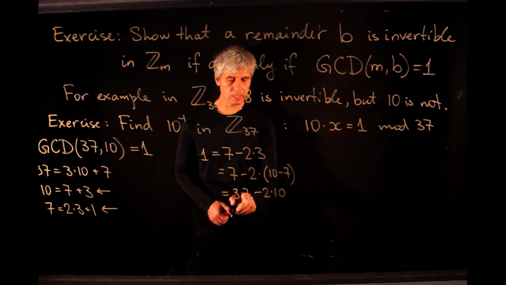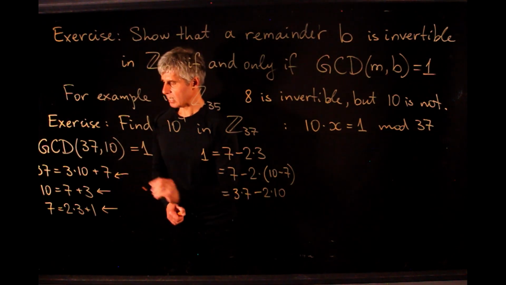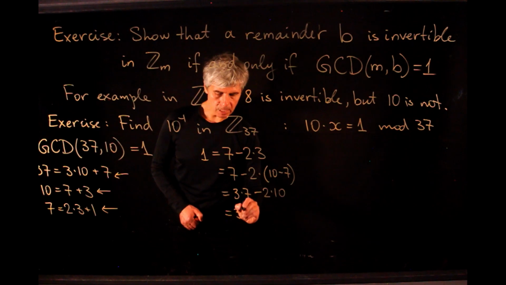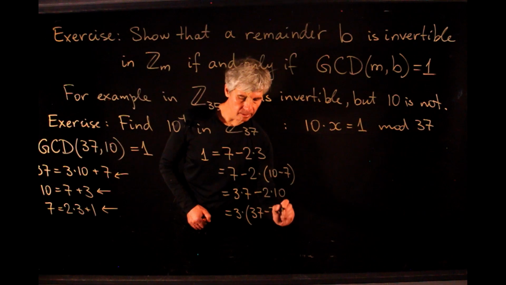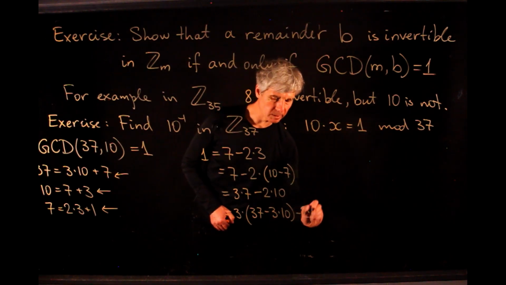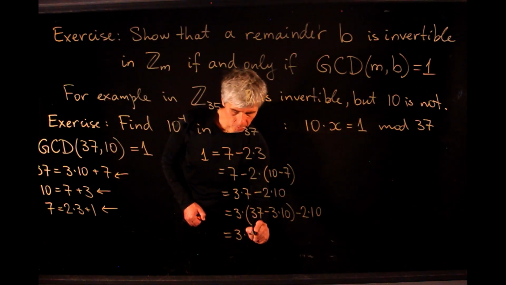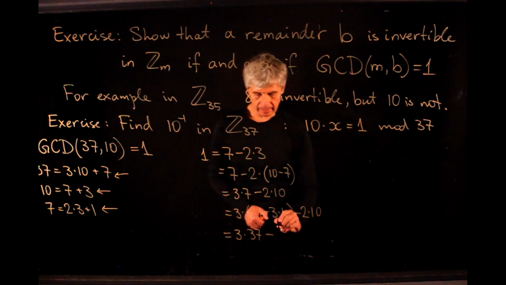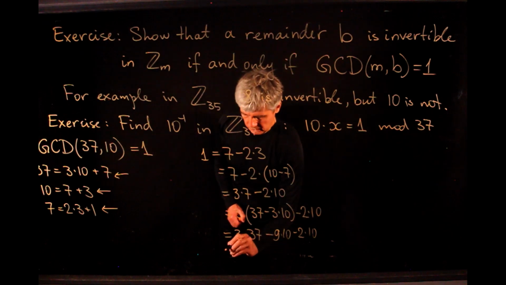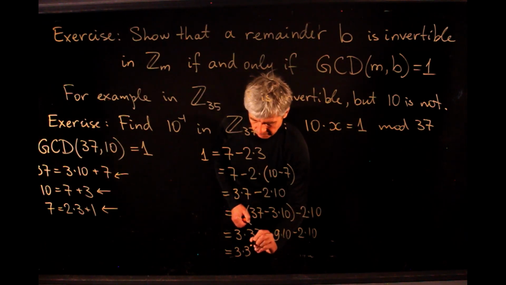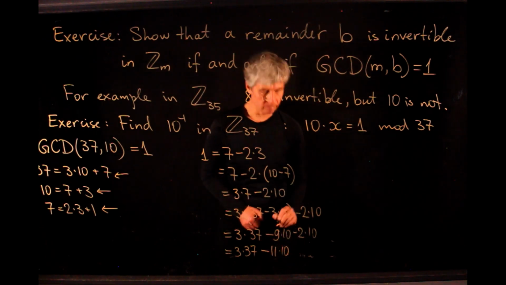Okay, that's 21 minus 20. Works. So then we eliminate 7. So this is 3 times 37 minus 3 times 10 and minus 2 times 10. So that is 3 times 37 minus 9 times 10 minus 2 times 10. So this is 3 times 37 minus 11 times 10.